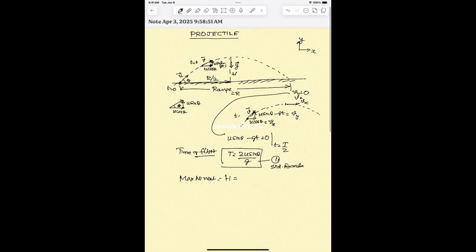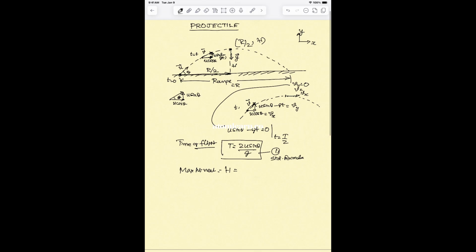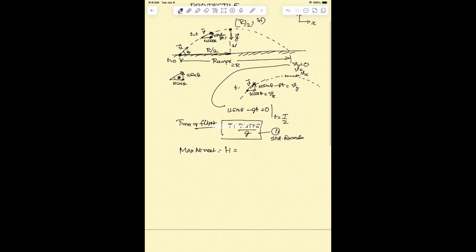Therefore, the x coordinate of this topmost point is R by 2 along the x axis and capital H along the y axis. We know that from the time t equal to 0 to t equal to capital T by 2, it has been traveling along the horizontal direction with a constant velocity.